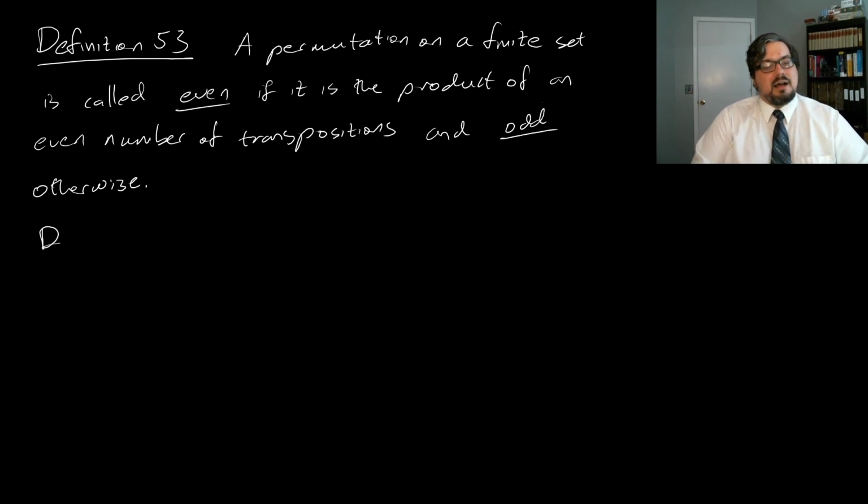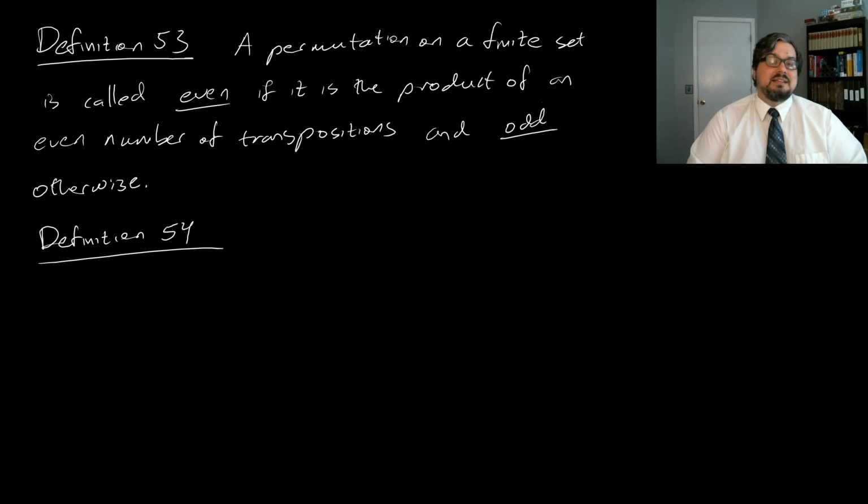So, in particular, we have the following definition. What we can do is we can look at the set of all even permutations and look at the set of all odd permutations. But the set of all even permutations is interesting because of the following.